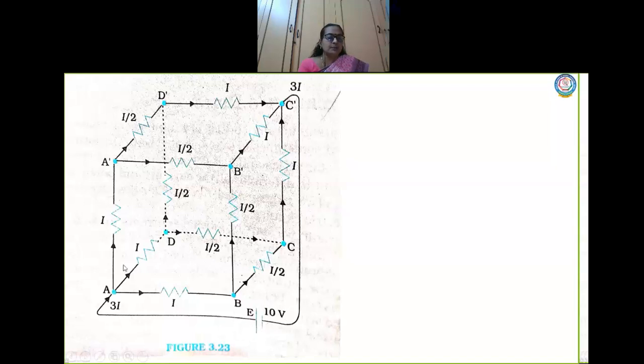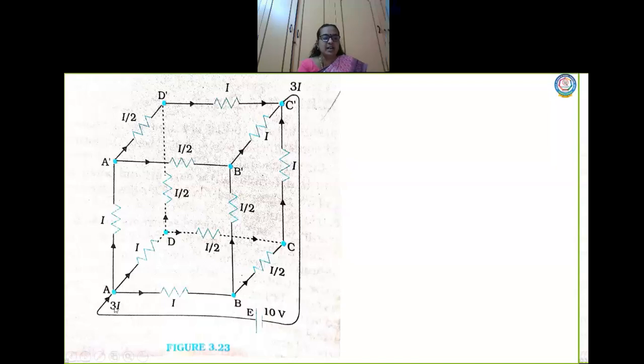Okay, so now come to this junction. Now what is the current entering into this junction? The current entering this junction is 3I. Okay, so 3I is the current entering, and from this junction you have three leads going out. That is AB, AD and AA'.